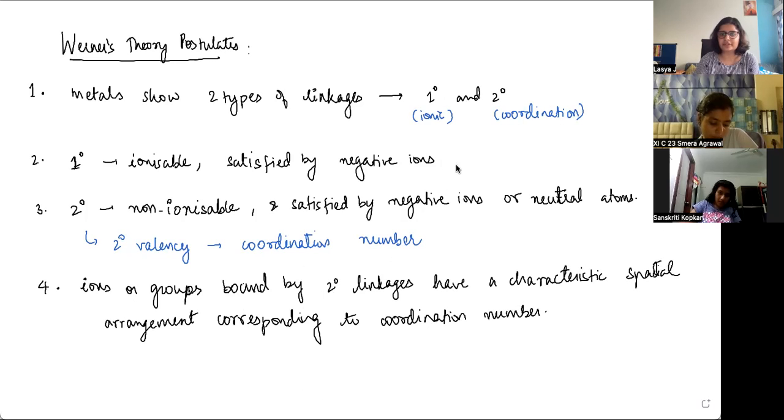These particular spatial arrangements are in the form of different polyhedra. To say it simply, there can be either tetrahedral, which is 4 bonds, or they can be octahedral if there are 6, if the coordination number is 6. So the spatial arrangements are polyhedra.